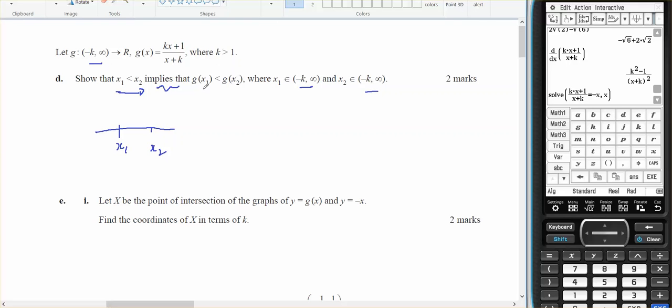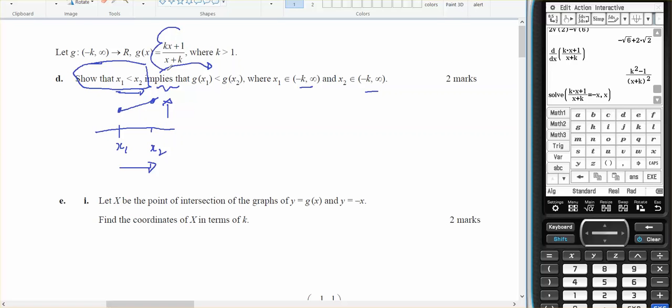So if g of x1 is less than g of x2, then my gradient has to be positive. If x increases, y increases only if the gradient is positive.